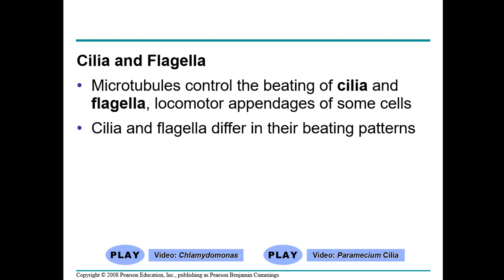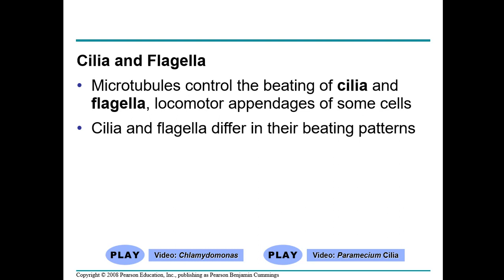So, kung sa linings naman ng ating trachea, meron yang cilia where kapag may dust particles, may foreign objects, so umuubo ka, so yung ubo mo with the help of cilia, it expels out these foreign objects.